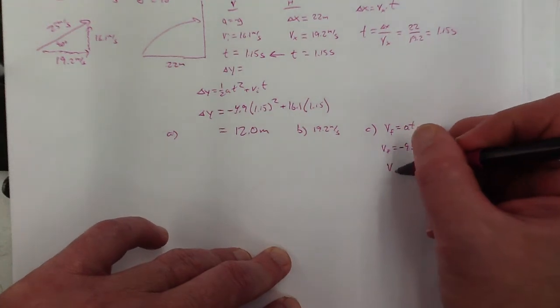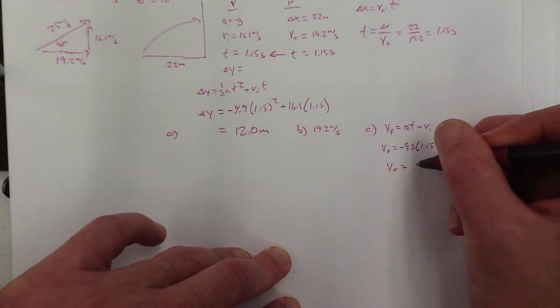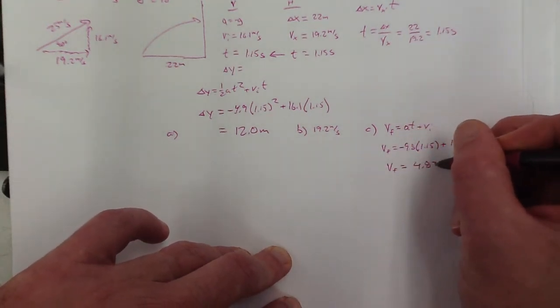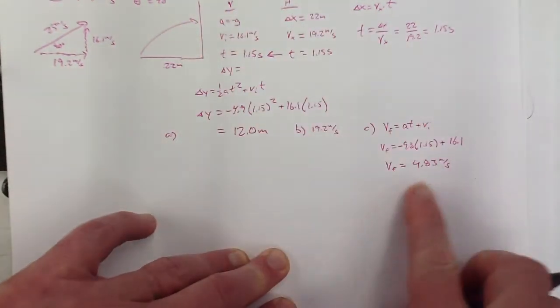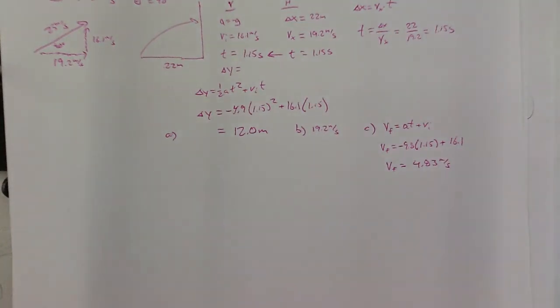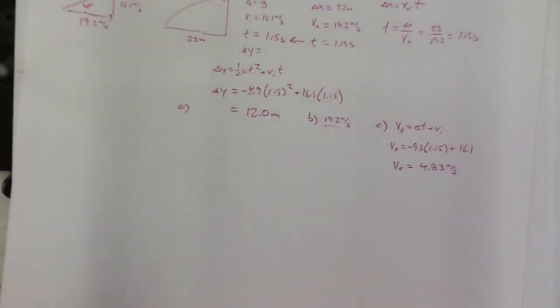So it looks like the vertical component is going to be 4.83. That's the vertical component when it hits the wall, right? So it's still going up when it hits the wall. Of course, it's going forward with that same constant velocity.